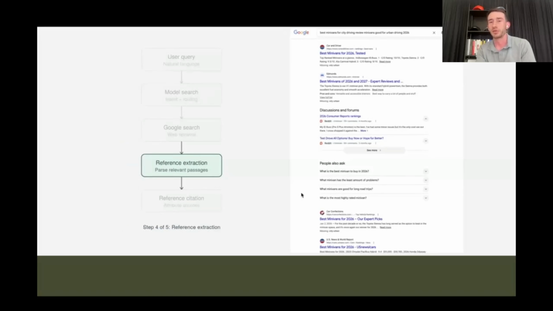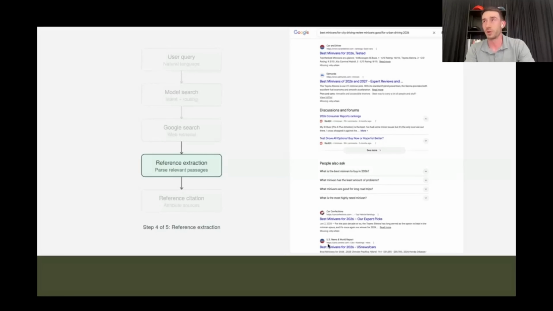The next step is looking at the references that are pulled by the Google search. So I put in best minivans for city driving reviews, minivans good for urban driving 2026. This is the really weird query that ChatGPT wrote. And we can see the actual results page from Google. This is exactly what the model sees. There's results from Car and Driver, Edmunds, Reddit, quite a lot of Reddit, Car Confections, and US News and World Report.